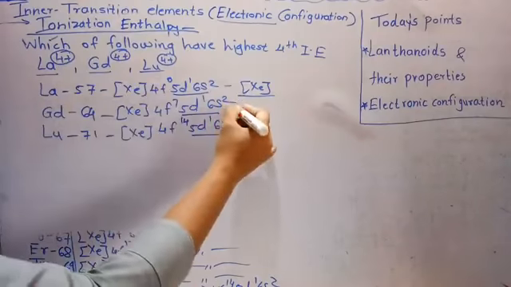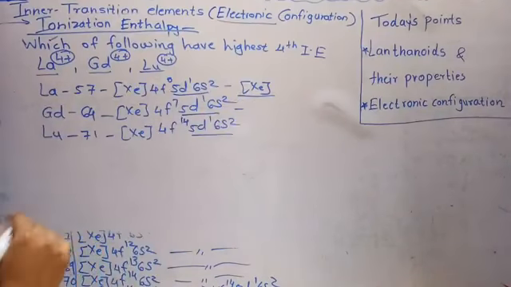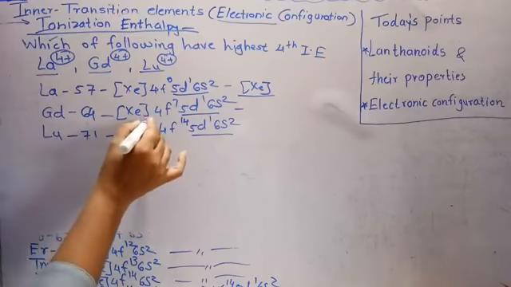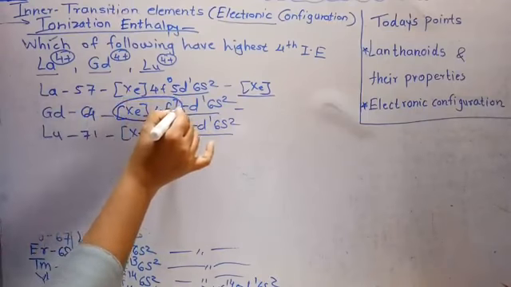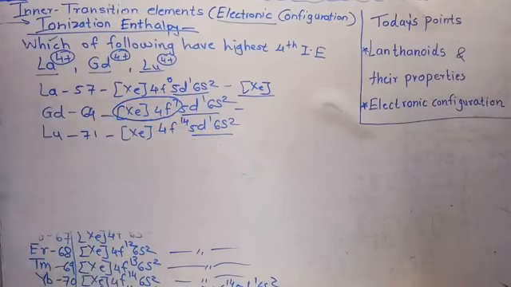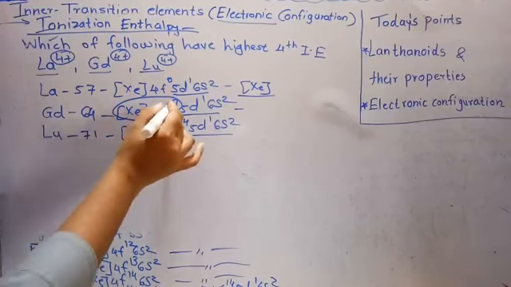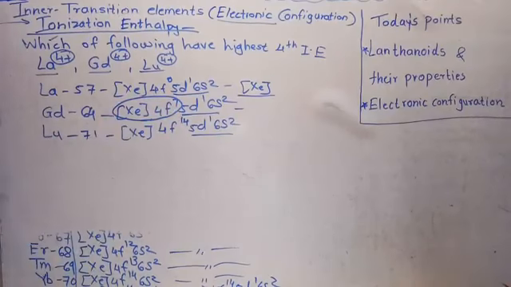Then in gadolinium, the removal of the 4th electron is from xenon 4f7. This 4f7 is a stable electronic configuration because it has a half-filled f orbital, so it achieves extra stability. If you remove an electron from 4f7, it requires a higher amount of energy.